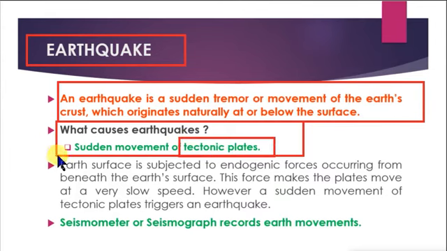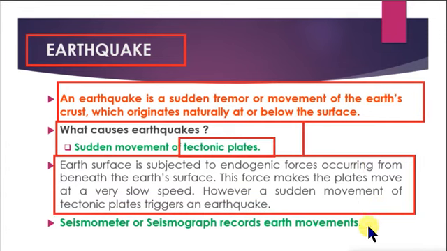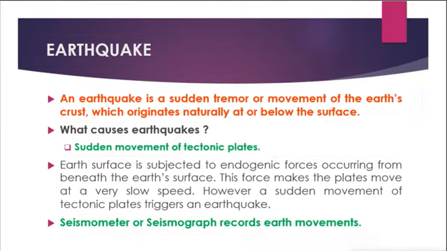The earth's surface is subjected to endogenic forces occurring from beneath the surface. These forces make the plates move at a very slow speed. However, a sudden movement of tectonic plates triggers an earthquake. A seismometer or seismograph records earth movements.